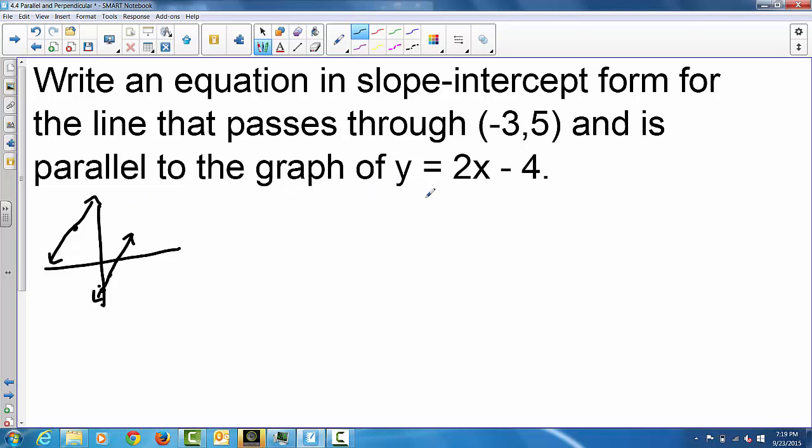So the way we start out is we know that this is y = mx + b, which means that 2 is the slope.